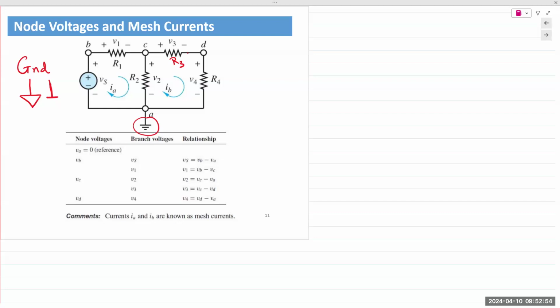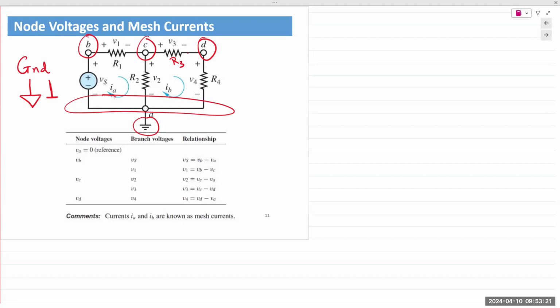In this circuit diagram, you have 4 nodes. Node A at the bottom is shown as connected to ground, and that is the reference node for the rest of the circuit.